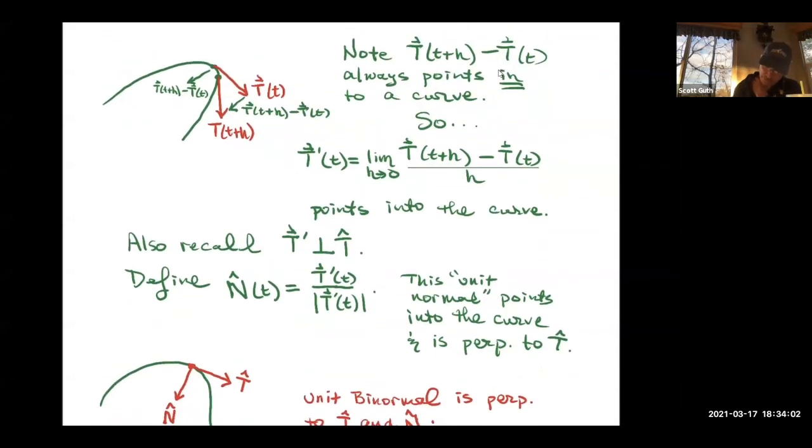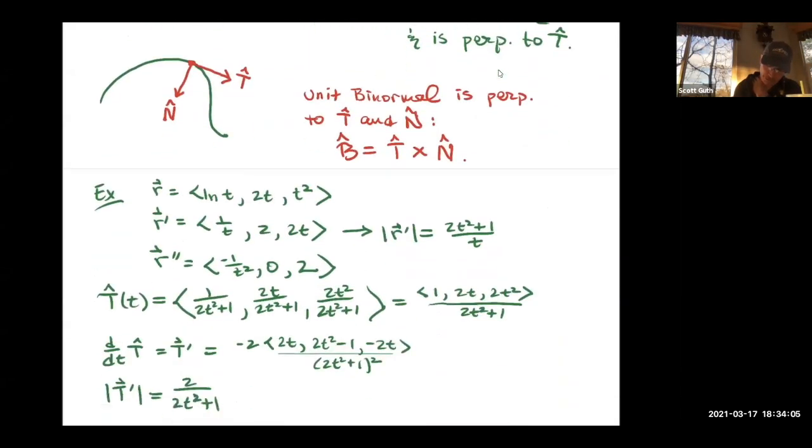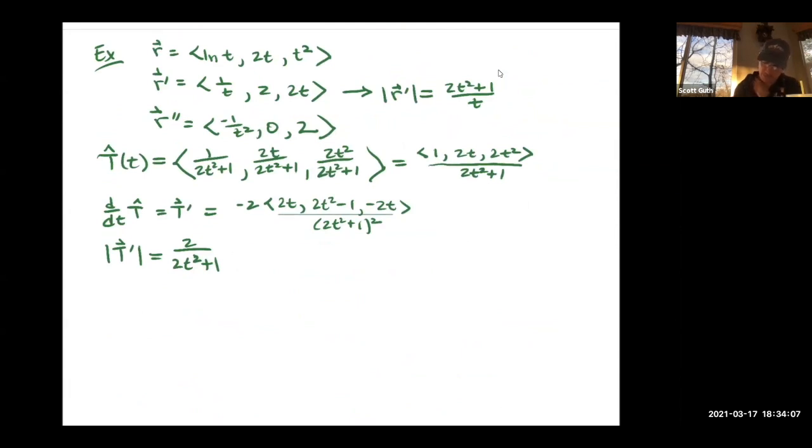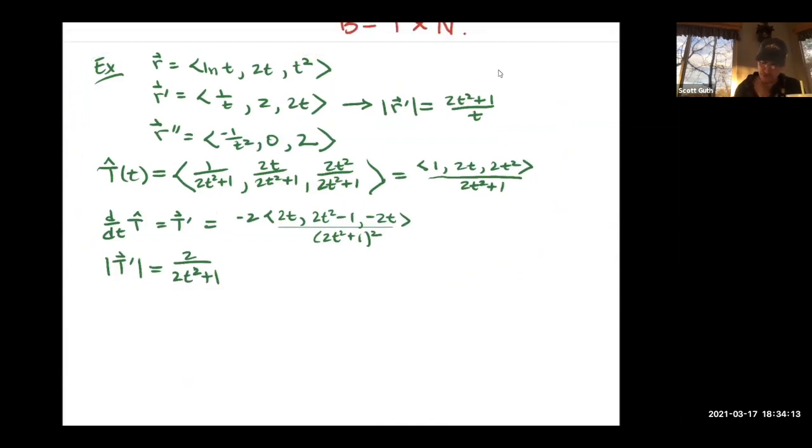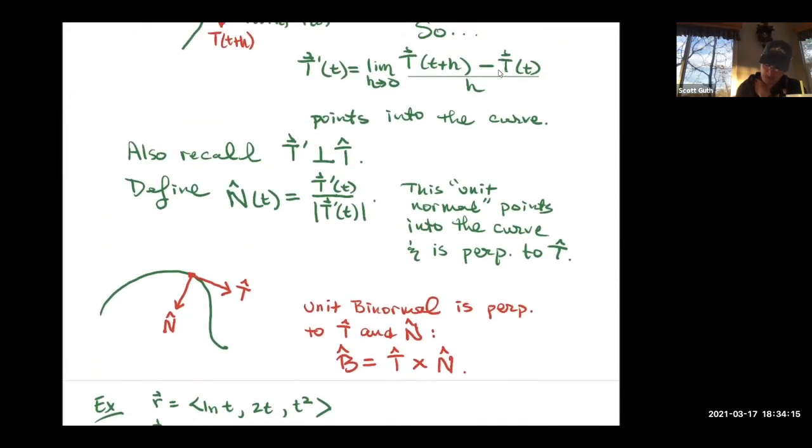All right, so again, referring to this example we've been using, all of these are computations that we've done so far in this lesson, and we're going to compute this unit normal. Just remembering that any vector function that has a constant length will always be perpendicular to its derivative.